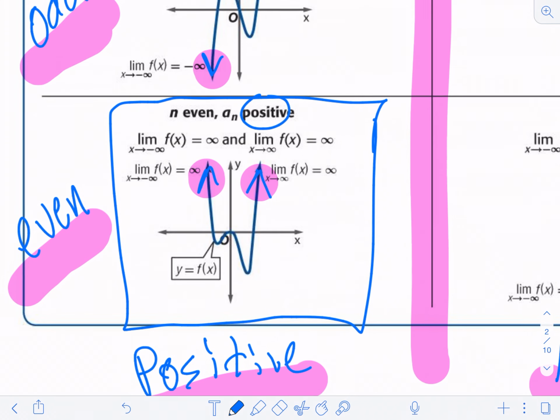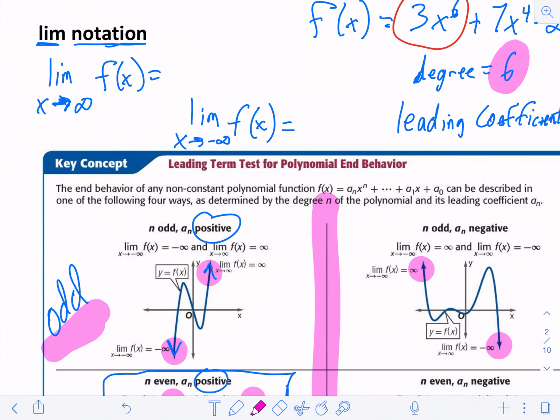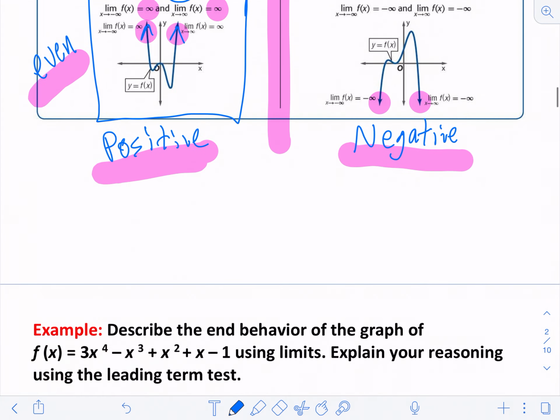So as it says on this box, whenever we have an even degree and a positive leading coefficient, the limit as x approaches negative infinity is going to be infinity, and the limit as x approaches infinity will also be infinity. So for the problem that I wrote up here, both limits are infinity, meaning both of these arrows are pointing up. So let's look at some examples now using what we just learned.